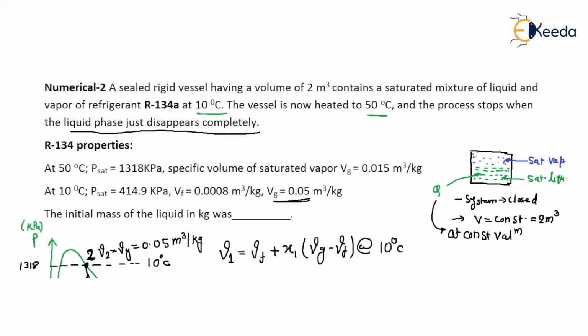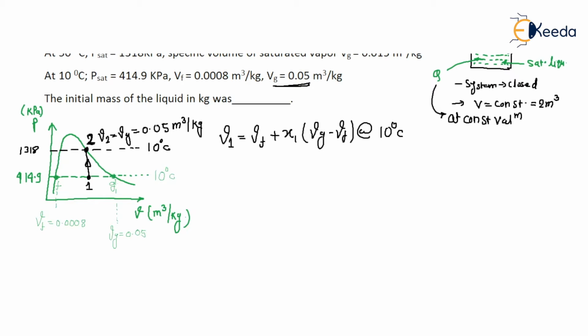This is a constant volume process, 1 to 2, so the volume is constant. So 1 to 2 is heating at constant volume.